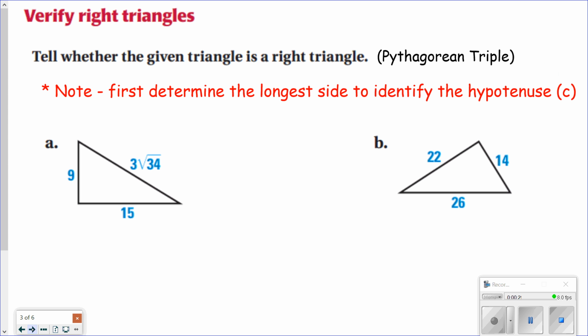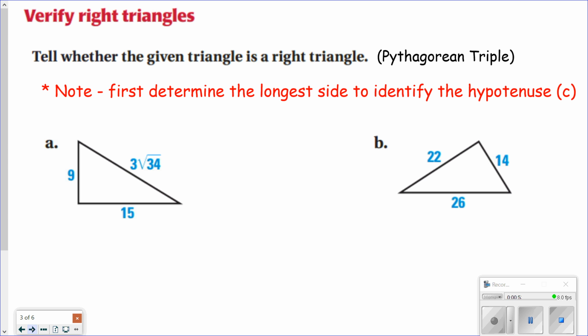So let's verify right triangles. Tell whether the given triangle is a right triangle. Let's note that we first want to determine the longest side to identify the hypotenuse. If we look at A here, we want to determine: is 9, 15, or 3 radical 34 the largest side? Well, we know 9 isn't, so now it's between 15 and 3 radical 34.